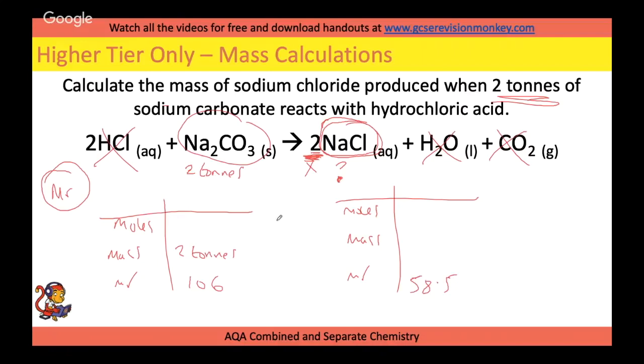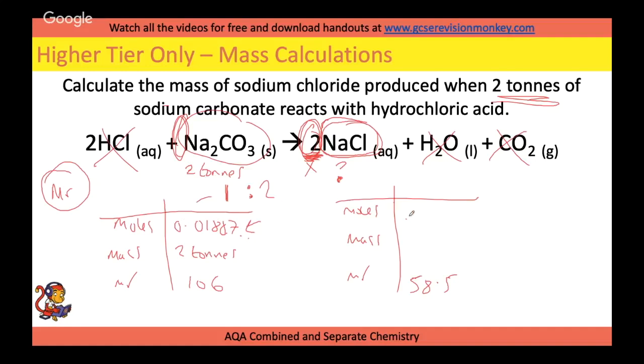The one thing I can work out first is the moles. Moles equals mass over Mr. So 2 divided by 106 will give us 0.01887. This is where the ratio of moles becomes important. The ratio of moles here is 1 sodium carbonate to 2 sodium chloride. So when we convert the moles over here, we need to double up because we've got a ratio of 1 to 2.